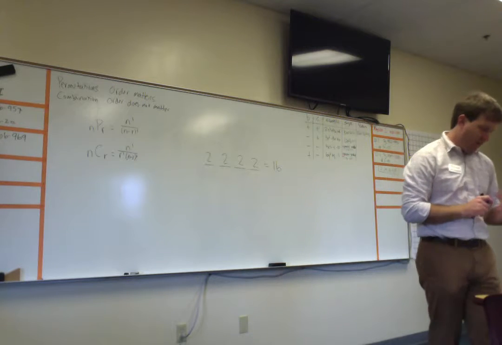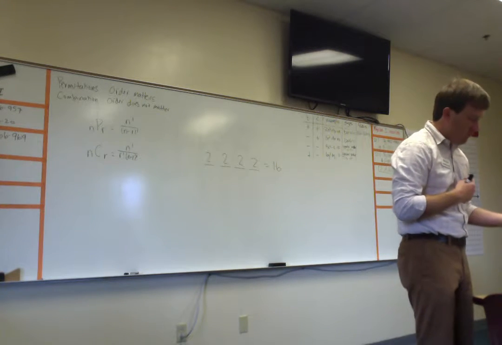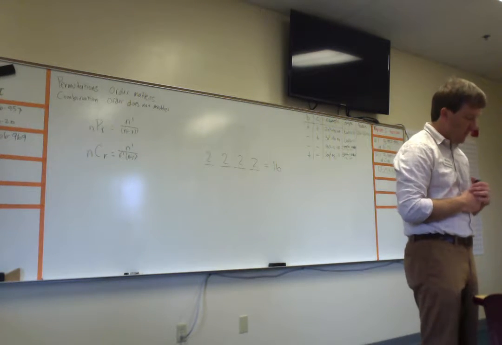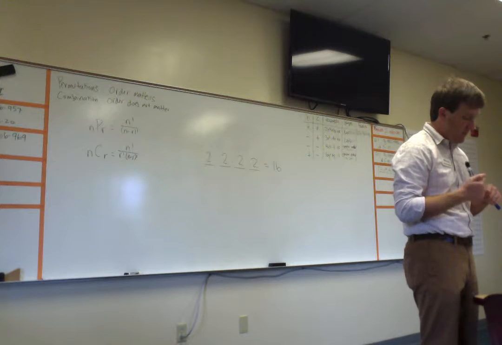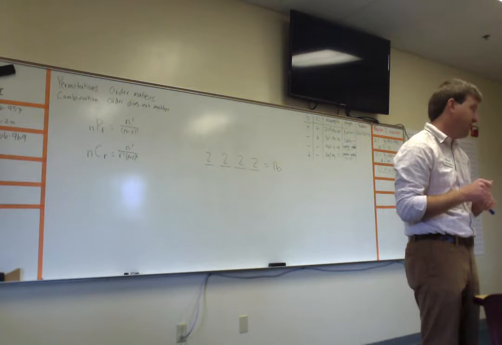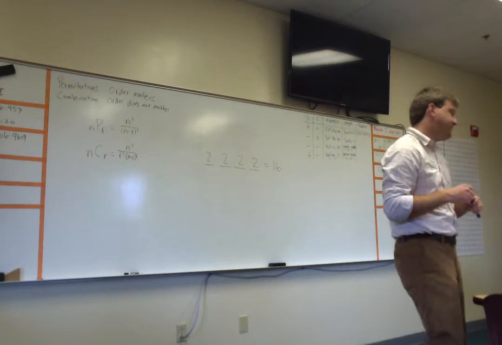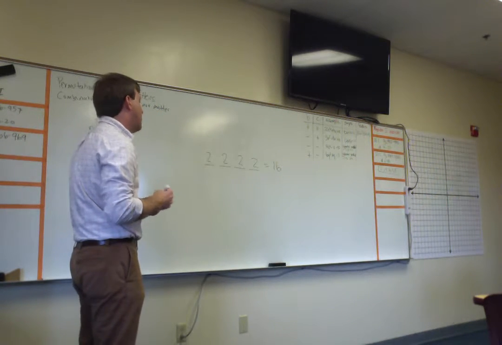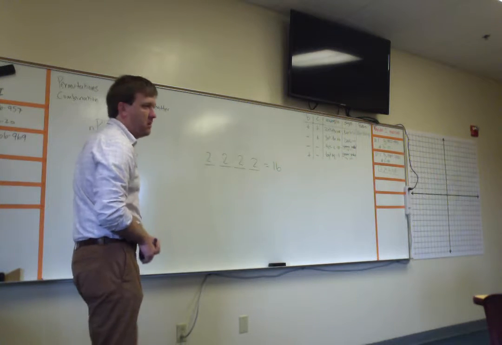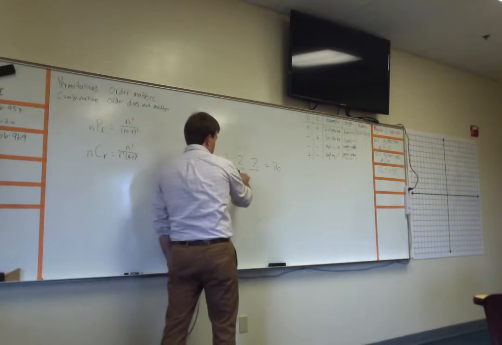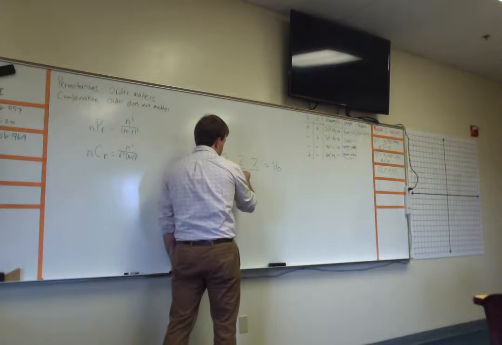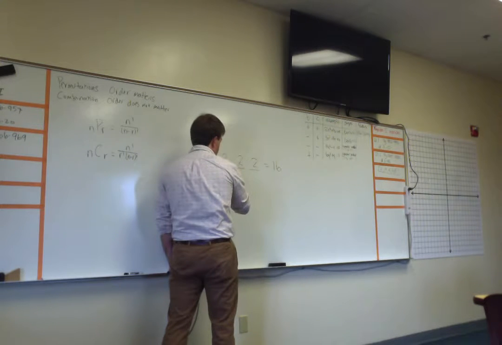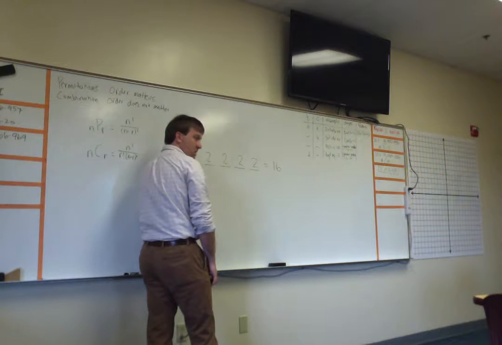So event A, the favorable outcomes, consists of combinations of 3 heads taken from the set of 4 coin flips. So I now have all of these outcomes. I have tails, tails, tails, tails, tails, heads, heads, heads, tails, tails, heads, heads, tails, tails, tails, heads. Okay?